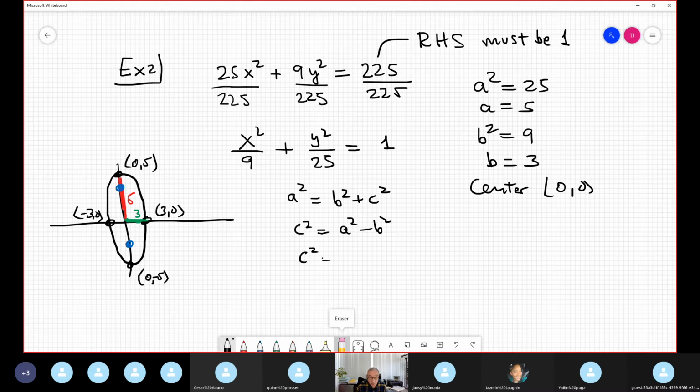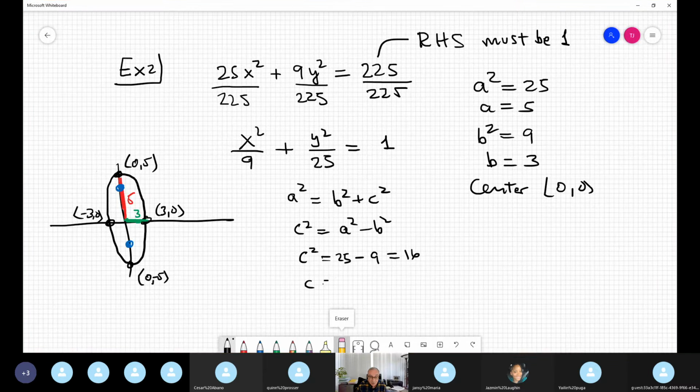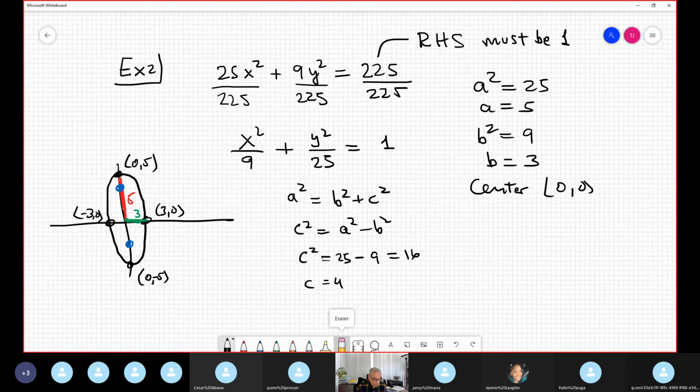C squared is equal to 25 minus 9, which is 16. Now c is 4 because the square root of 16 is 4. So that distance is 4. Therefore, that point is 0,4, and the other focus is here, 0, negative 4. And we have an approximate idea of how it looks.